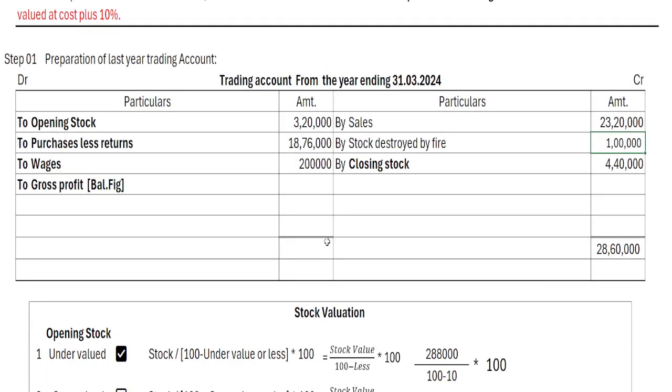Small correction. Now total minus total, so all this, the difference is the gross profit, 4 lakh 64,000.